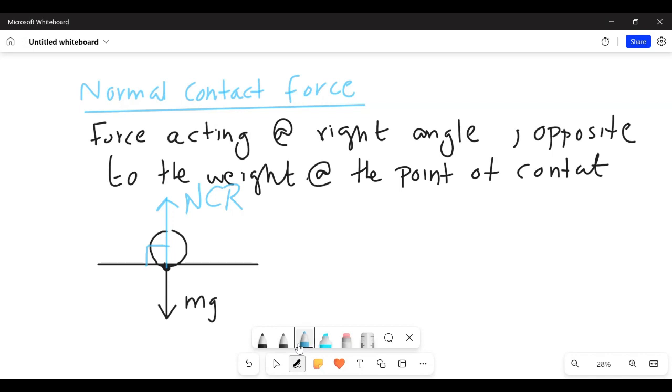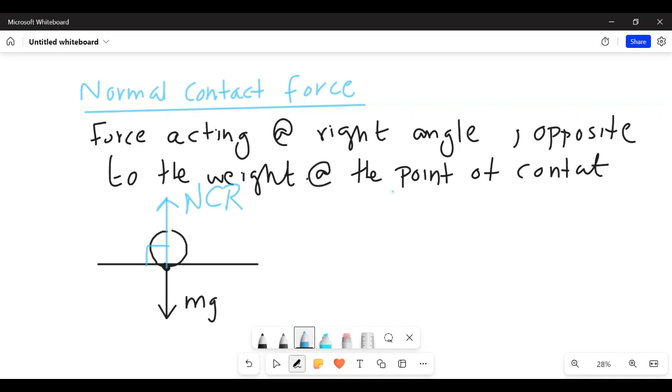Okay, we also know from Newton's third law that every action has an equal and opposite reaction. So this is an application of that. If you're standing on the ground, you're exerting some weight downwards, but you're not falling into the ground, although there's a force acting on you downwards, because there's an opposite reaction.